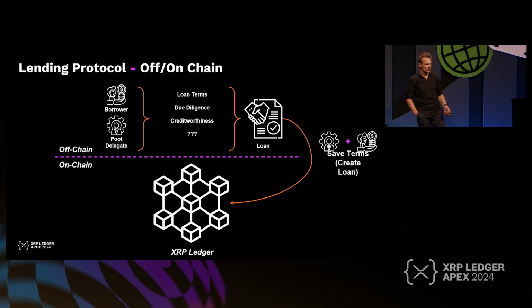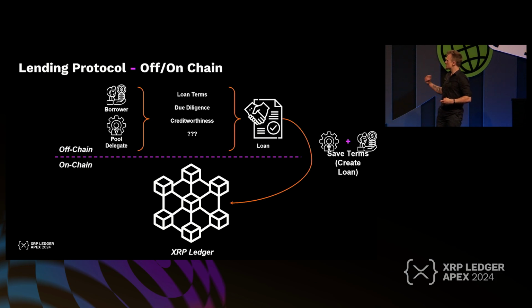Of course, vice versa also holds. If the pool delegate could create the loan object without the borrower's agreement, well, now the borrower is suddenly in debt without his consent. So that's why it's very important that this is a multi-signature transaction.